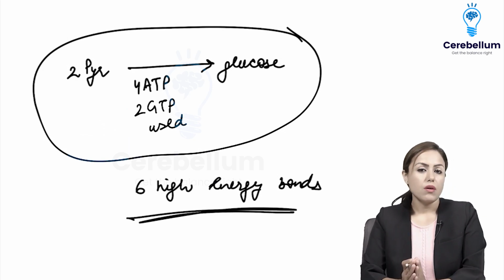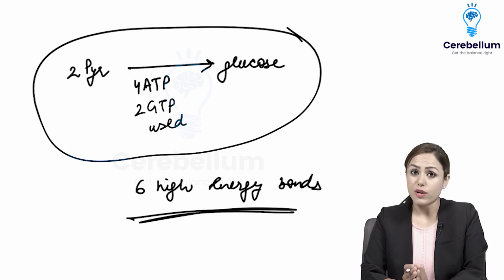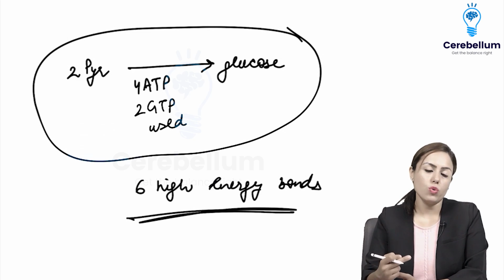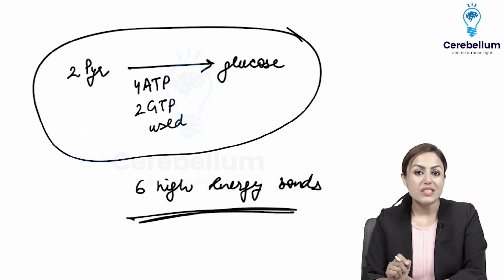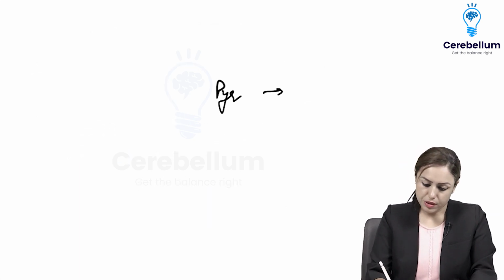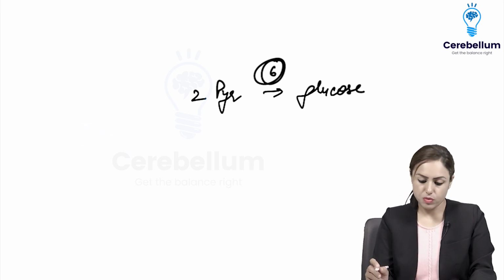So can you see, when we do aerobic pathway of glycolysis, we get 7 ATPs, right? And if we are making glucose via gluconeogenesis, then 6 high energy bonds are used, okay? From pyruvate to glucose, 6 high energy bonds are used, okay?